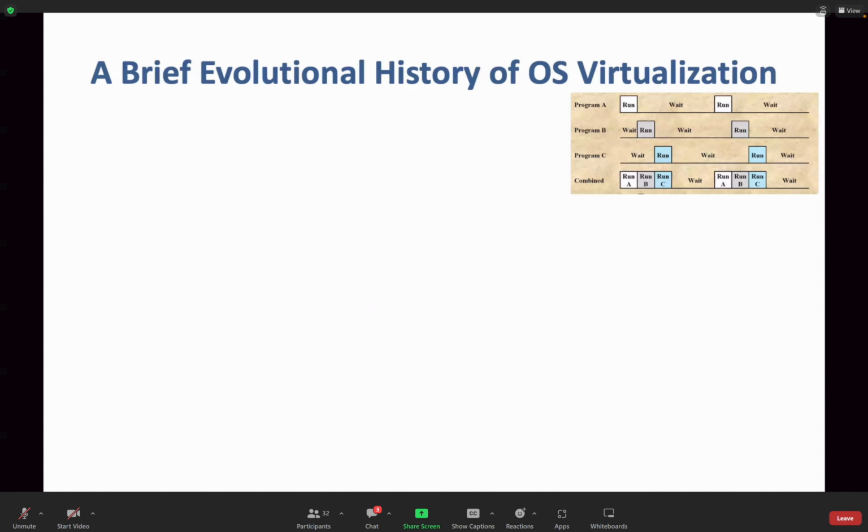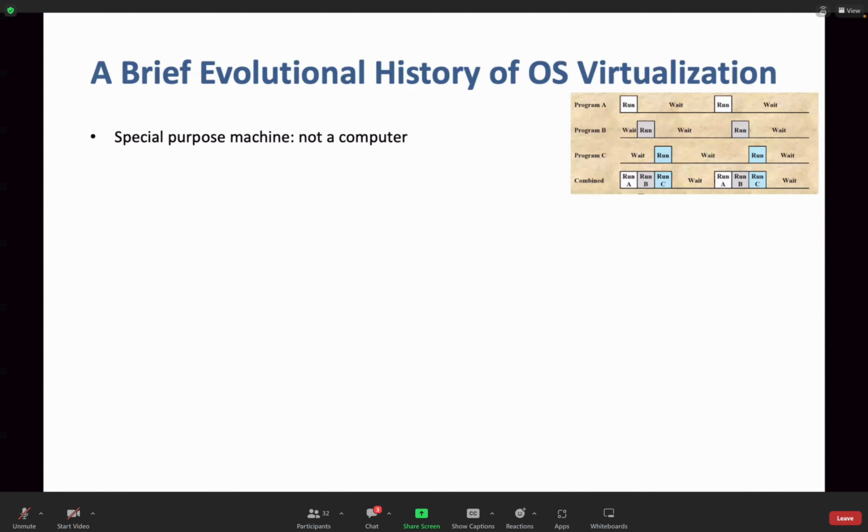So this is actually the evolution of even OS virtualization. Before we talk about the picture, we used to have special purpose machines that could do only one thing at a time, like a weaving cloth making machine, or just any mechanical machine.